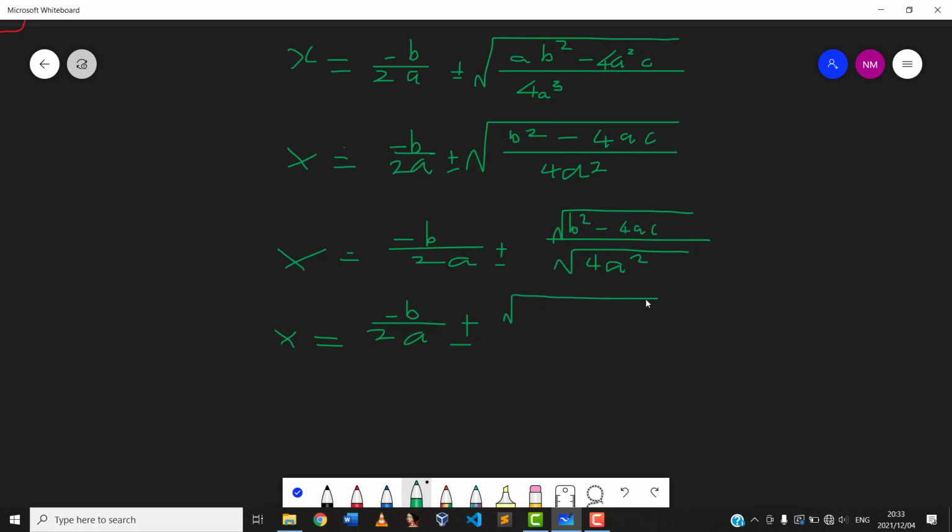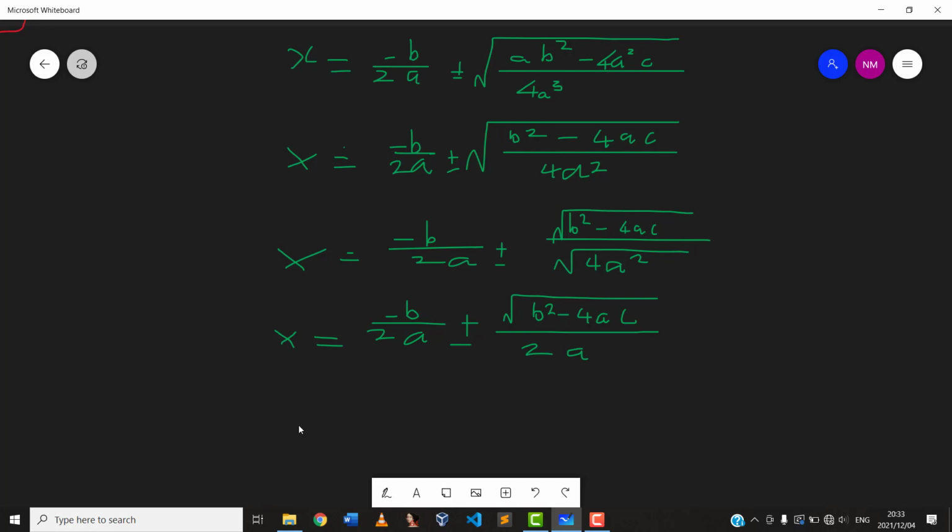So you just say b squared minus 4ac. However, you can simplify the denominator. The square root of 4a squared is 2a. And now minus b over 2a, and this whole thing over 2a, there's the same denominator, so you can just join them up in one fraction now.